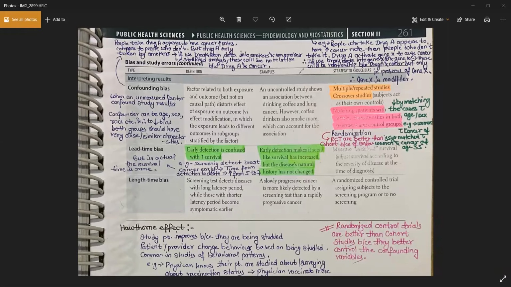Okay, and how can we reduce the confounding? It is by stratification. Once we stratify the data on the basis of that confounder, like in this case the smoking, if you get the same 1:1 ratio, or no increase in the risk in both the groups, then it means it must be the confounder.